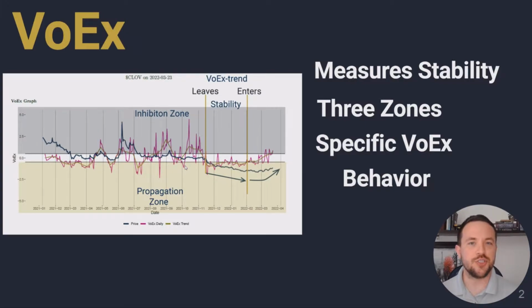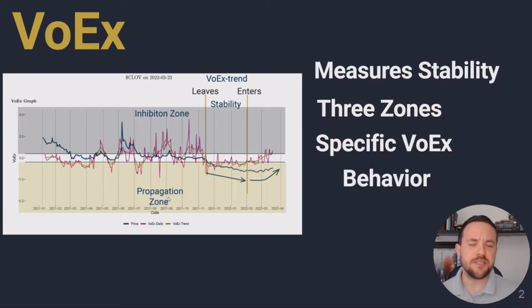The price is there just so we can understand how VoEx is affecting the underlying stock price. With that in mind, the three zones on a VoEx graph are the inhibition zone, which is above the top horizontal line, the stable zone, which is between the two horizontal lines, and then the propagation zone, which is below the bottom horizontal line.